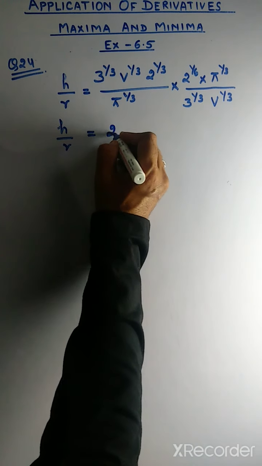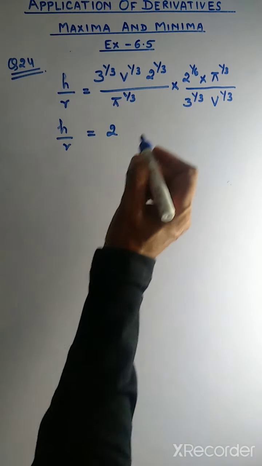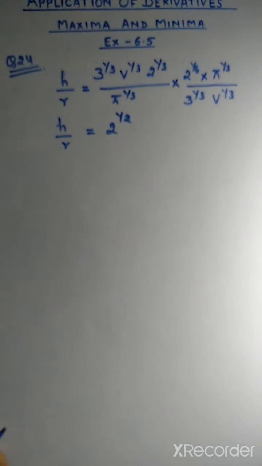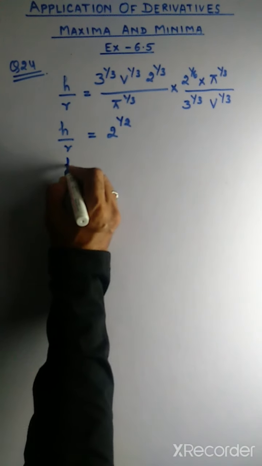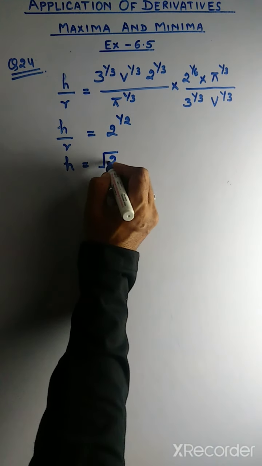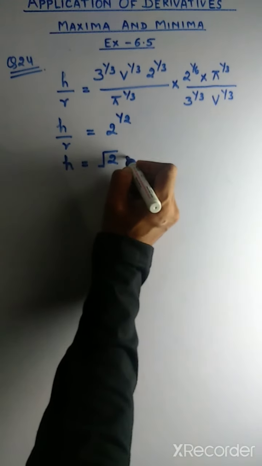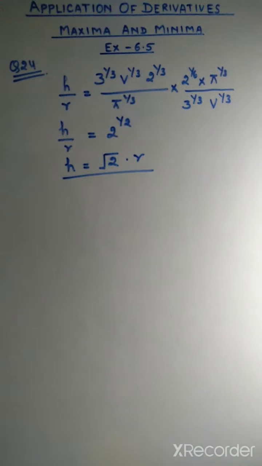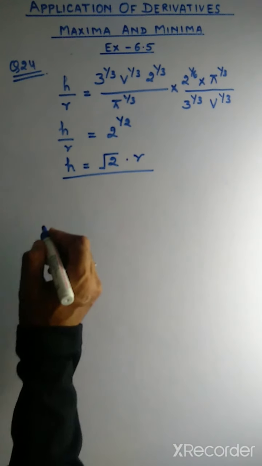Bases are same, so if we add 1 by 3 plus 1 by 6, it will be 2 raised to the power 1 by 2. So h equals 2 raised to the power 1 by 2, which can be written as root 2 into r, which is proved.